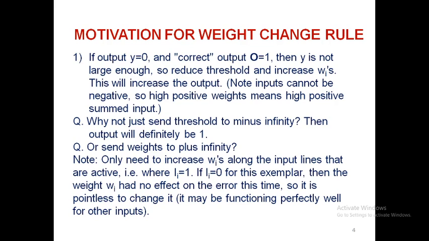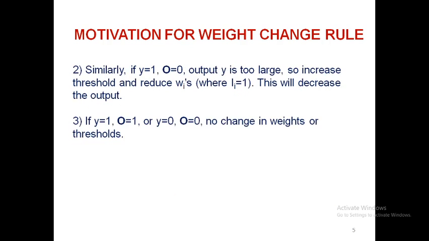But for the inputs that are 0, the corresponding connection weights do not need to be adjusted. We do not need to increase the complexity in the functioning of the perceptron network. So we need to remember that.